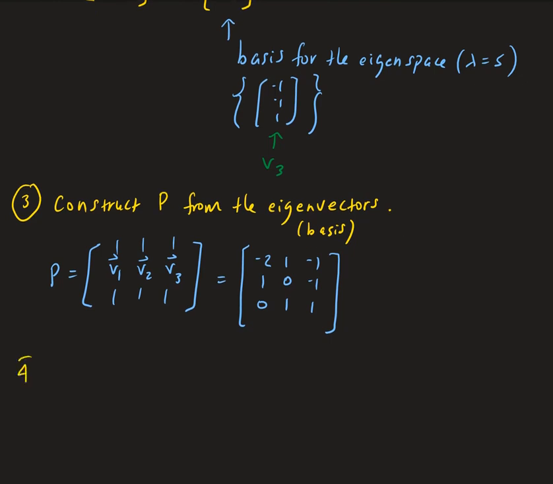So step 2 is construct D. We're going to construct our diagonal matrix from the eigenvalues.